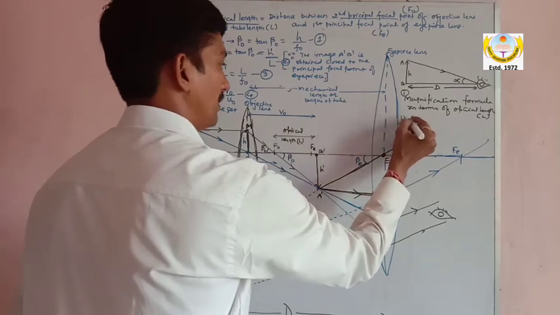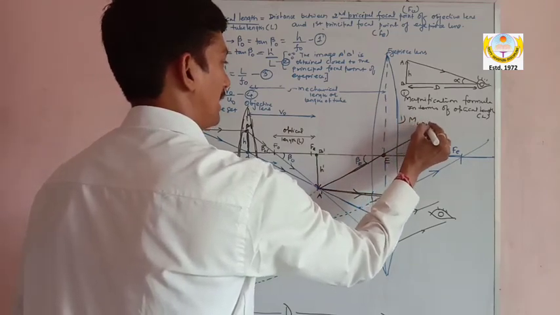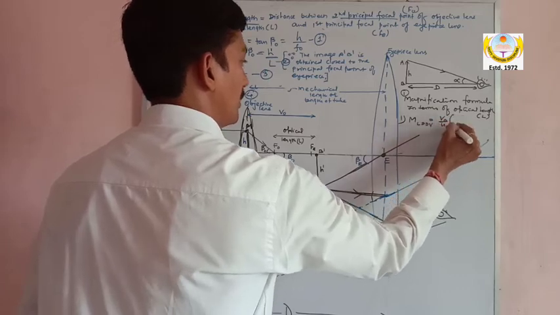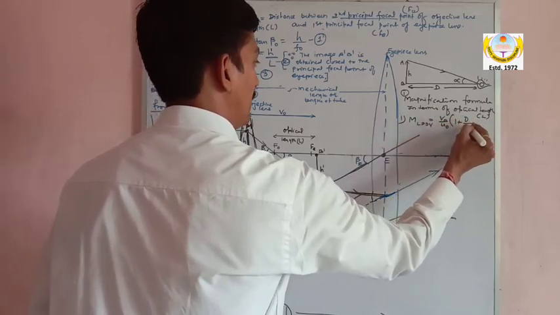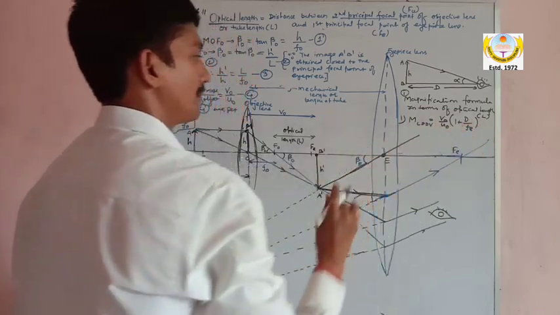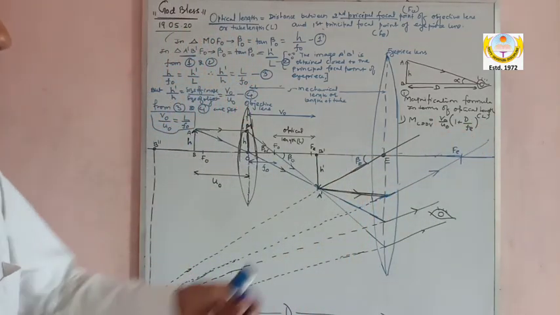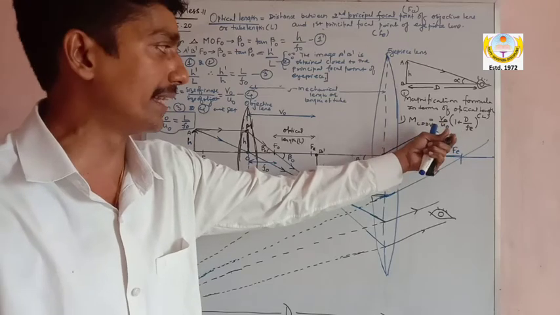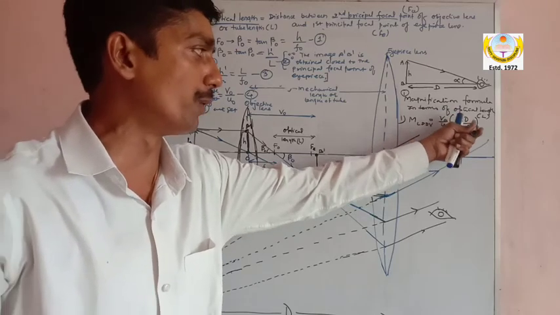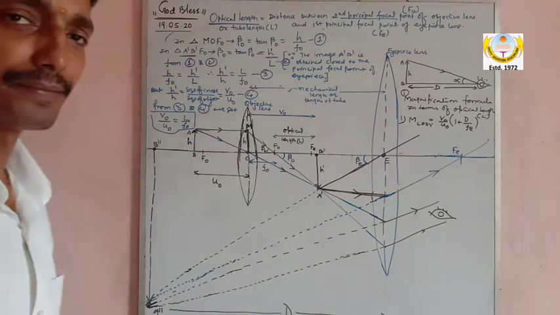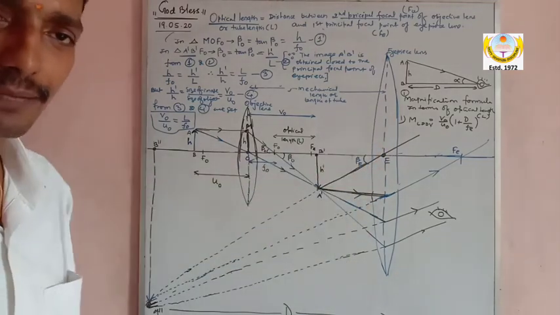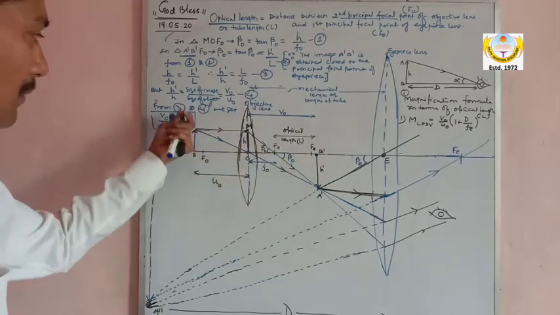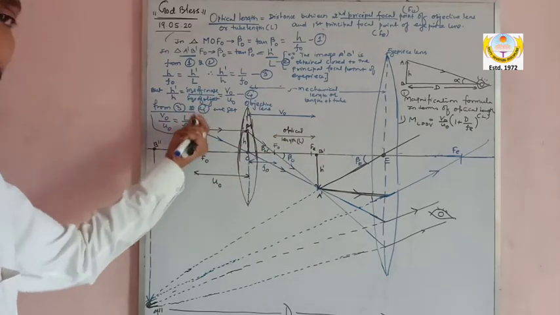For the least distance of distinct vision, M at LDDV is VO upon UO times 1 plus D by FE. This is the magnification formula in terms of optical length. So first I have written M at LDDV as VO upon UO times 1 plus D by FE, the formula we obtained. Now, by the optical length concept, VO upon UO is L by FO.